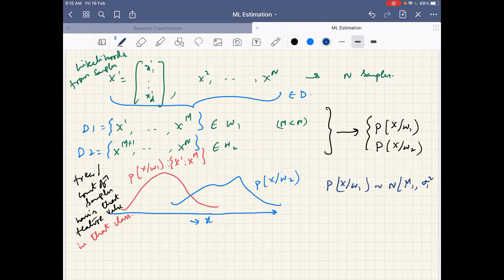In one dimension, let me put mu1 and sigma 1 square. Similarly, I need to fit mu2 and sigma 2 square for P of x given omega 2. Now, how do I get these parameters? How can mu1 and sigma 1 square be obtained? That is the question. Any answer?